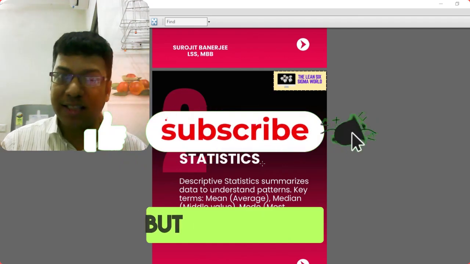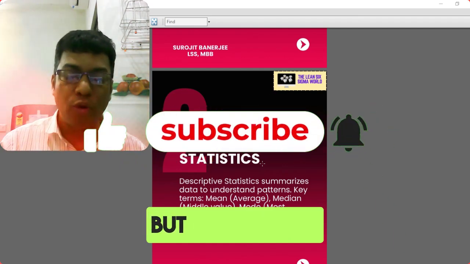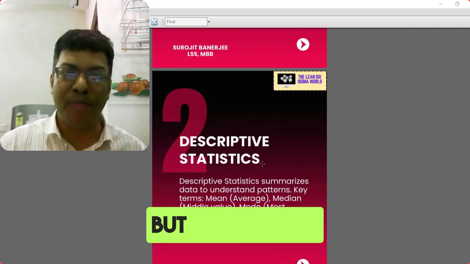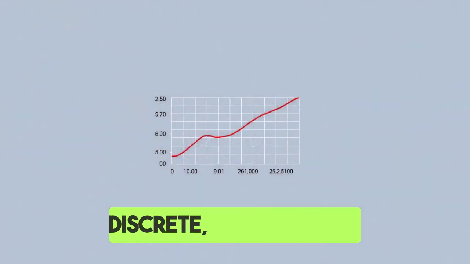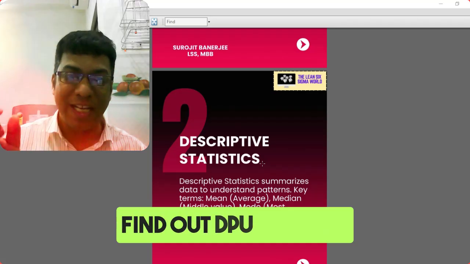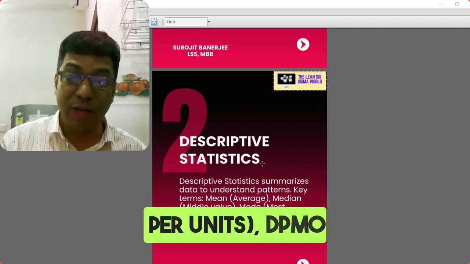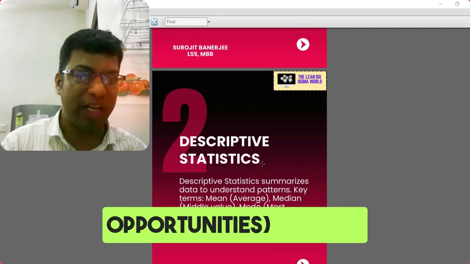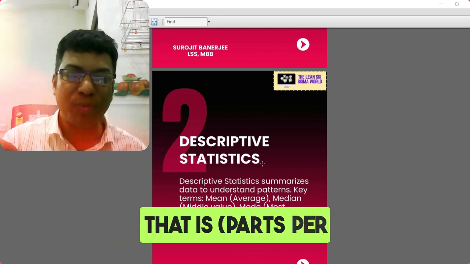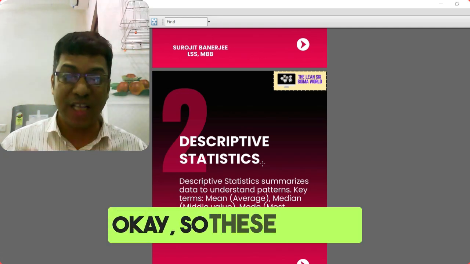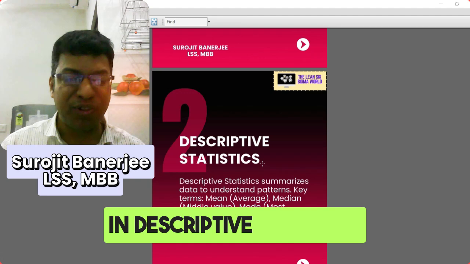But if my data is discrete, then we find DPU, defects per unit, DPMO, defects per million opportunities, and PPM, that is parts per million. So these are all the things involved in descriptive statistics.